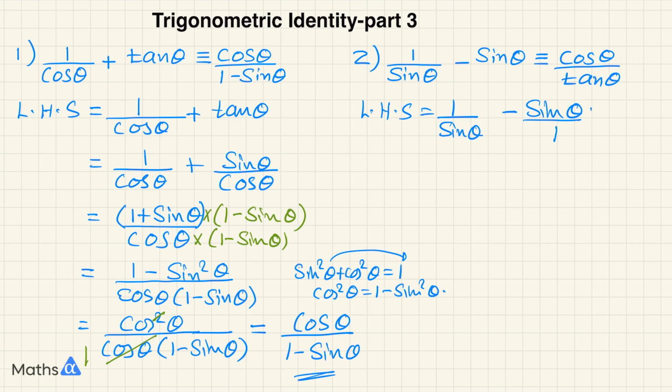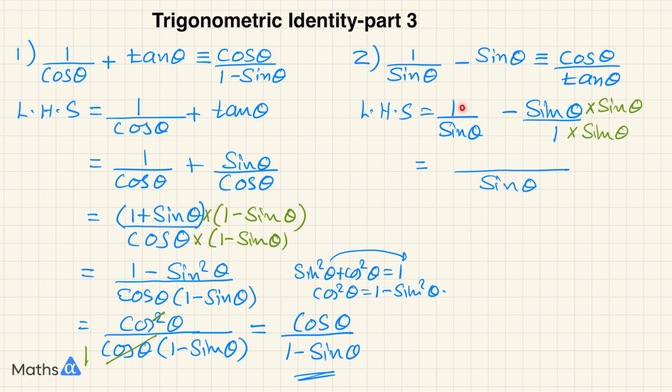To simplify this, I need a common denominator. We can make sin theta the common denominator. To get that, I multiply the denominator in this fraction by sin theta. Therefore, we need to do the same thing to the numerator. Now we have sin theta as common denominator. We can simplify the numerator.